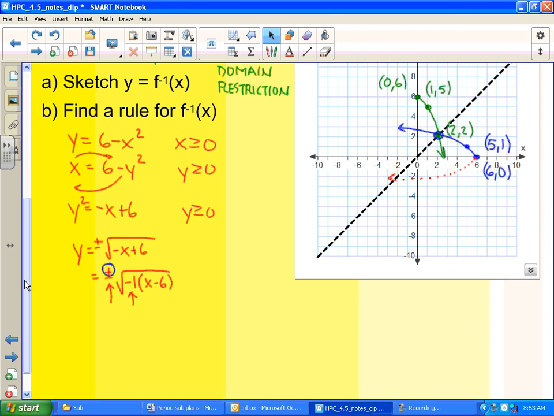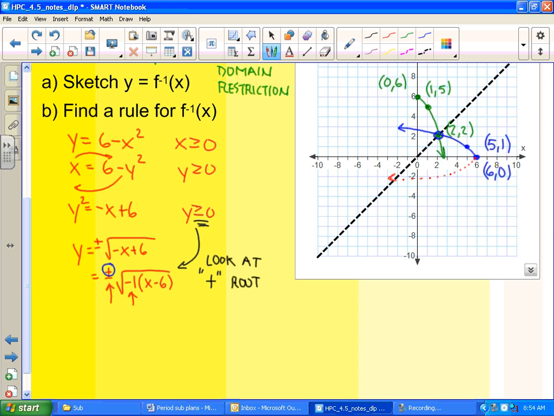So what does y greater than or equal to 0 mean for this function? It says to look at the positive root. If it was less than or equal to 0, I'd be looking at the negative root. Or, if I look at the graph of it, it says I want to graph everything above y equals 0, and that's what we've done.